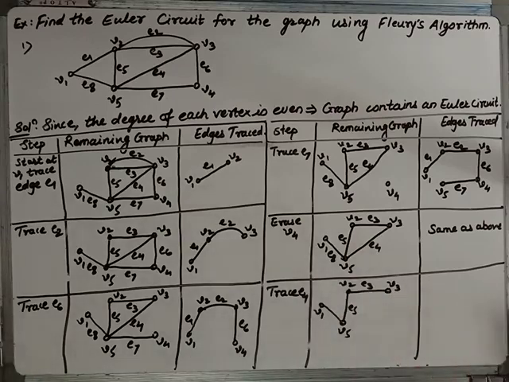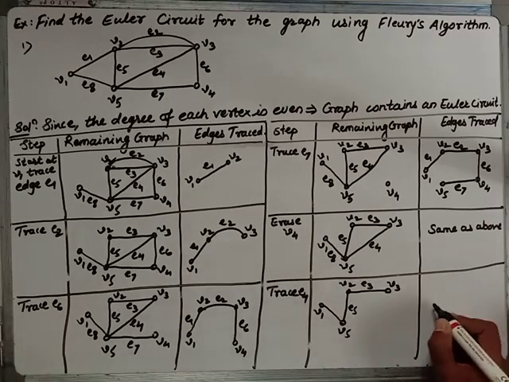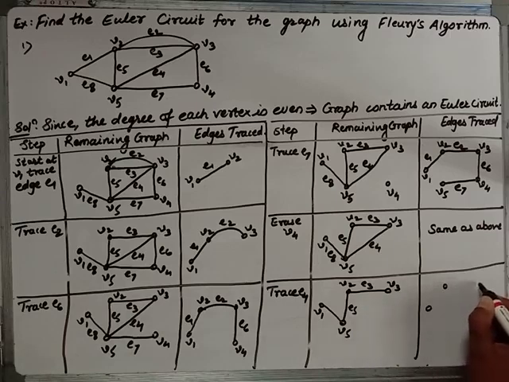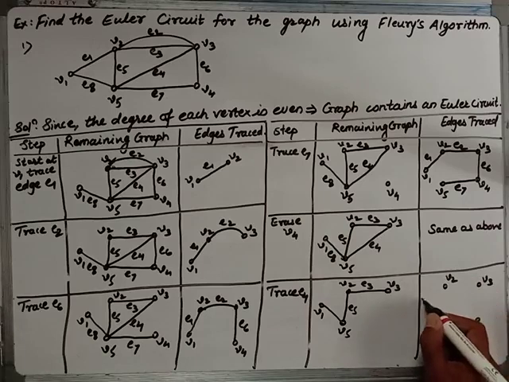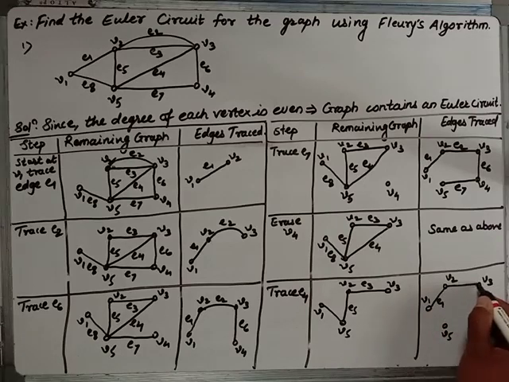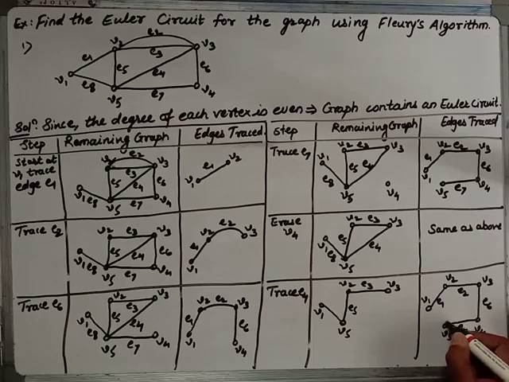What is the graph here? V5, V4, V3, V2, V1. Traced here are E1, E2, E6, E7 and then E4.